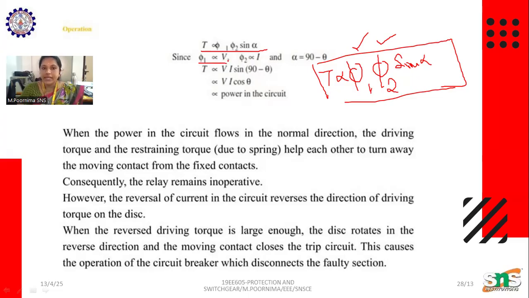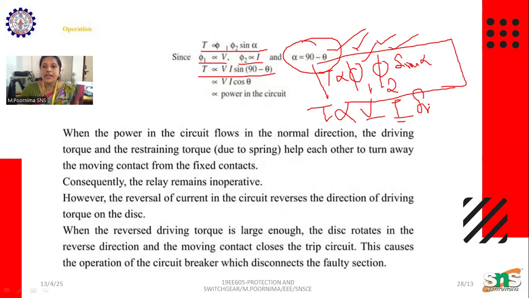Phi 1 is directly proportional to the voltage, since the upper coil is the potential coil, and phi 2 is directly proportional to the current, since the lower coil is the current coil, with an angle of 90° minus theta. Replacing phi 1 and phi 2 with voltage and current, the total torque is directly proportional to V and I with the angle of 90° minus theta.